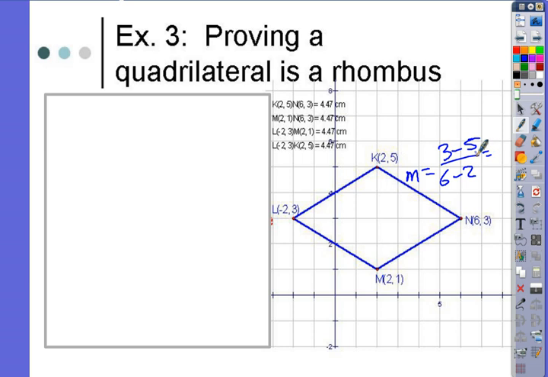So what would the slope of LM have to be then? 1/2. It'd have to be 1/2, right? Because I would have to have a parallelogram with some conditions for this to be a rhombus, if we're using the properties. If I showed that opposite sides were parallel by calculating their slopes, then I got two possibilities.